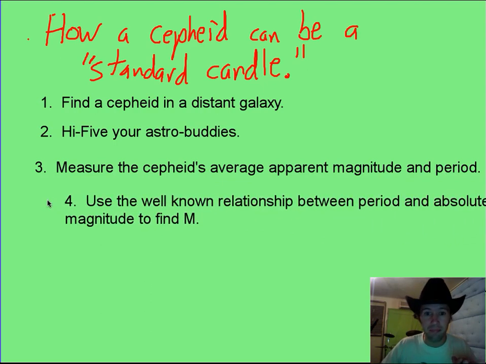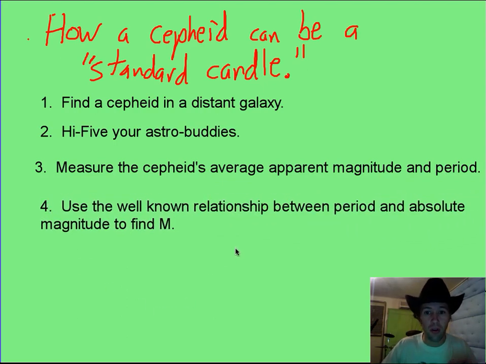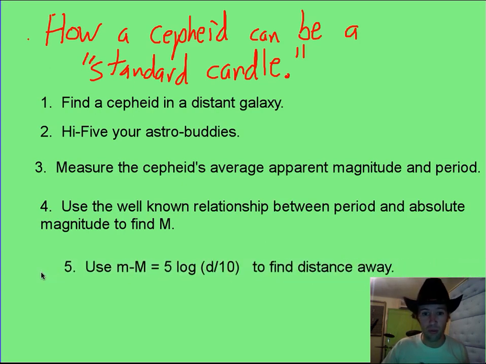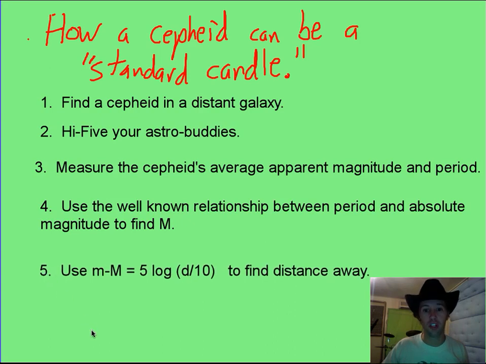Then, there's a well-known relationship between the period, which we're going to probably put on the x-axis of a graph, and the absolute magnitude, or the luminosity, which you'd probably put on the y, or there might be an equation that will allow you to calculate that absolute magnitude. And then, you will use some sort of relationship like this to compare its apparent magnitude, which you measured, absolute, which you calculated from the period, and then solve for distance.